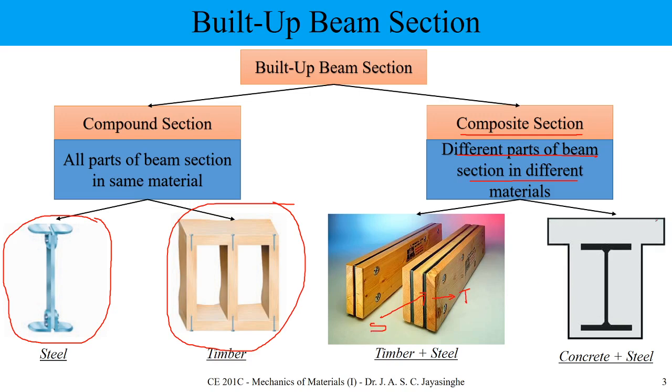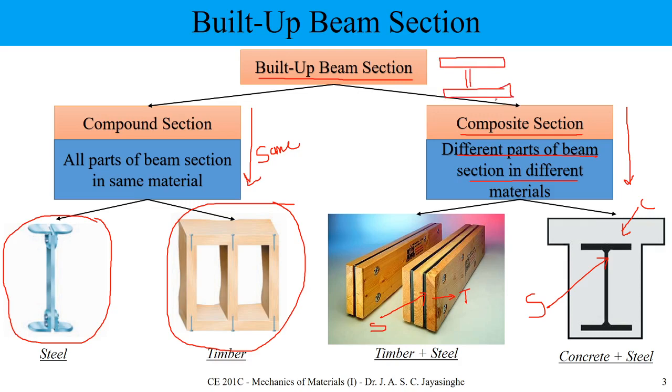Here we can see concrete, and inside the concrete a steel I section. The difference is that here we are using the same material, and here we have more than one type of material. So the definition of a build-up section is clear now: we have different parts, and we assemble them to build up the relevant sections.